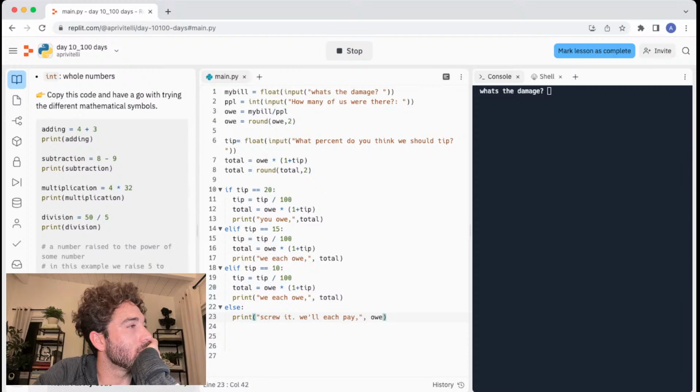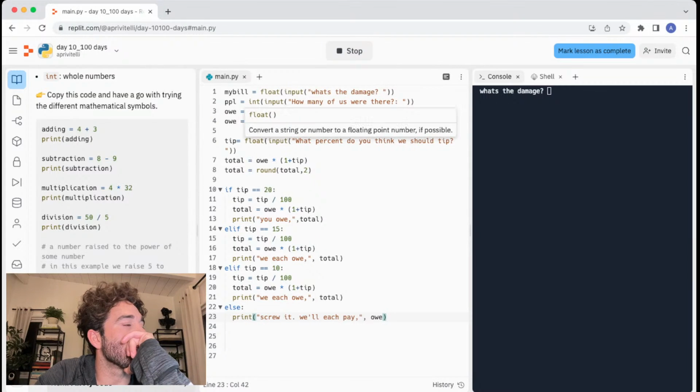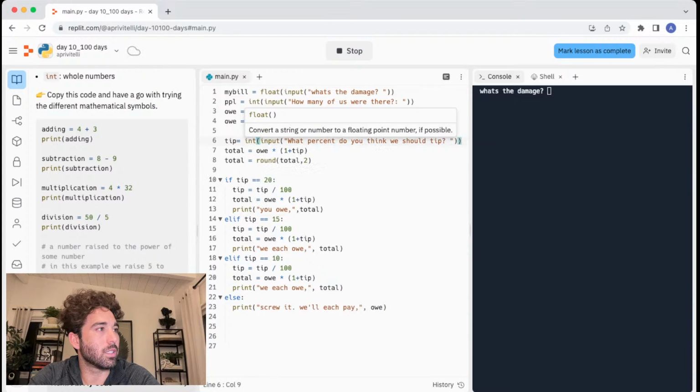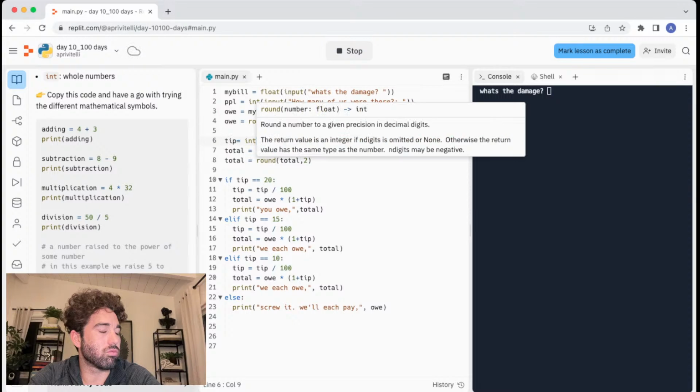Total. Is there another variable? Tip float. I got that. That's not a float though, but int, because it is an int. This is so annoying.